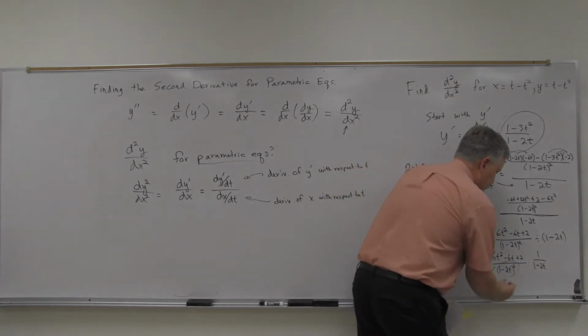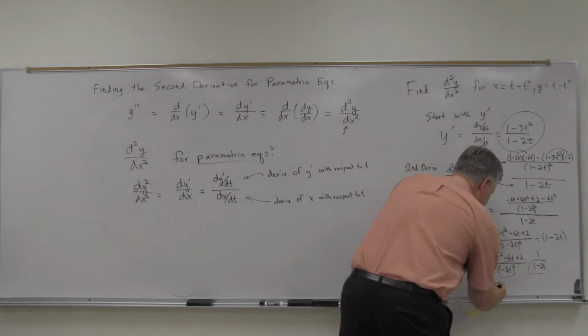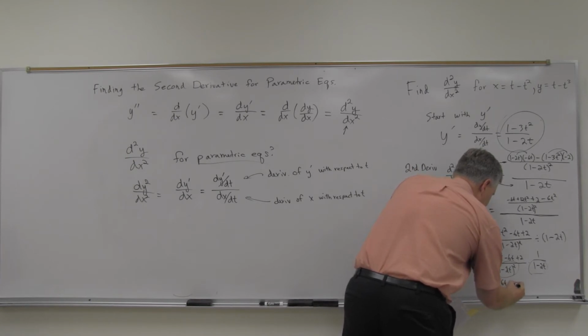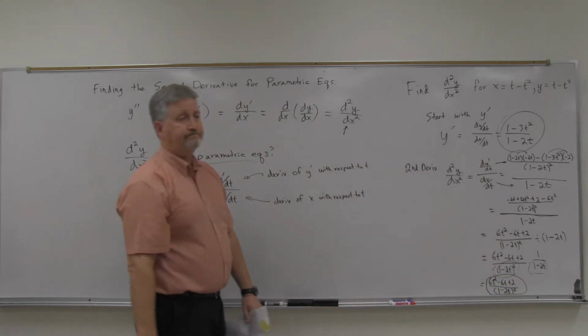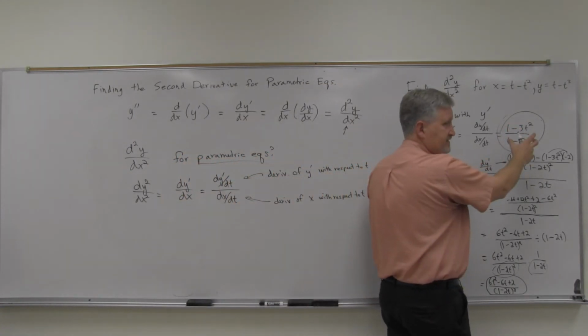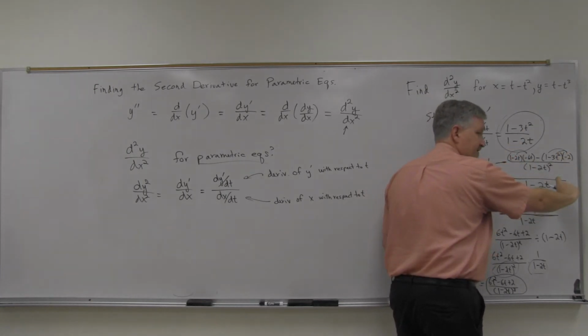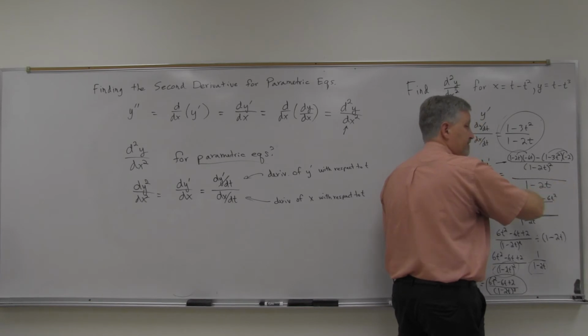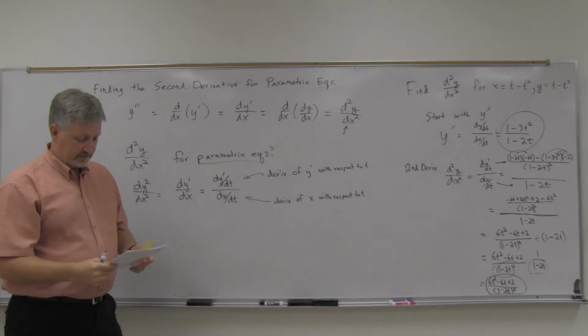So what happens here? You get a 1 minus 2t cubed. I believe we can factor off a 2, but I don't think that'll help us much. So is that okay? Usually, because of the way this is constructed, you are going to wind up with a quotient rule here, and so it's easy to forget this dx over dt stuff, but because of the parametric setup, you have to divide by that dx over dt once again.